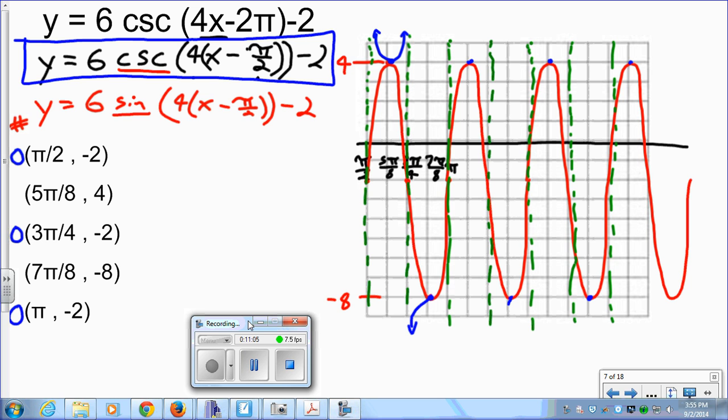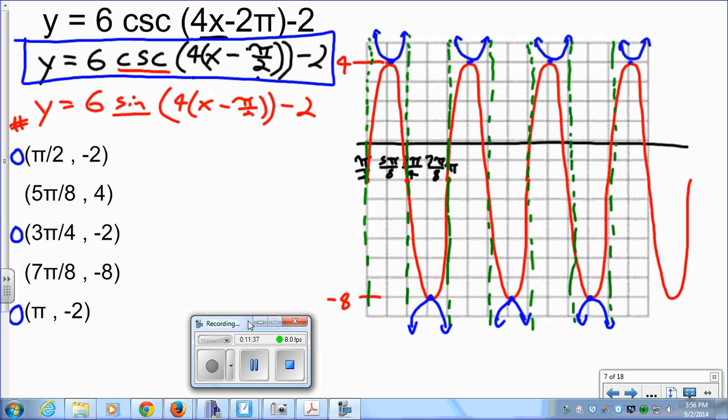Getting really close there, never crossing it. And be careful, it's not a parabola because we're not going off forever, but we're just getting infinitely close to those lines. So I can, making sure I don't cross my asymptotes. And that will be our reciprocal cosecant function for this one.